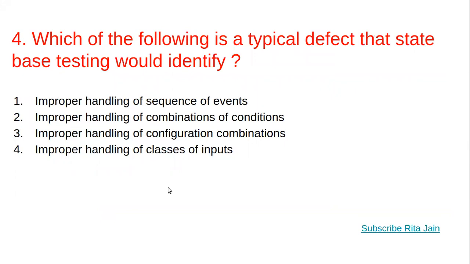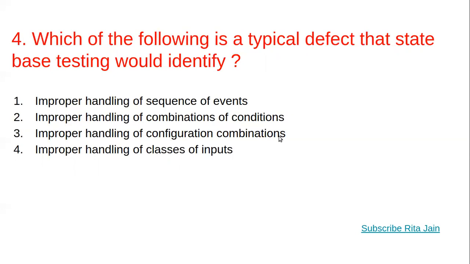Next, question number 4. Which of the following is a typical defect that state-based testing would identify? Choices: improper handling of sequence of events, improper handling of combination of conditions, improper handling of configuration combinations, improper handling of classes of input. So the fourth could not be the right answer, as it is related to ECP technique.